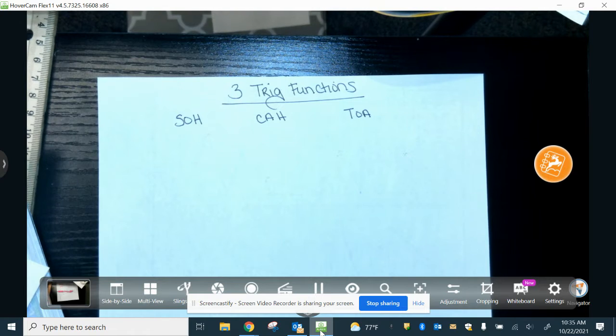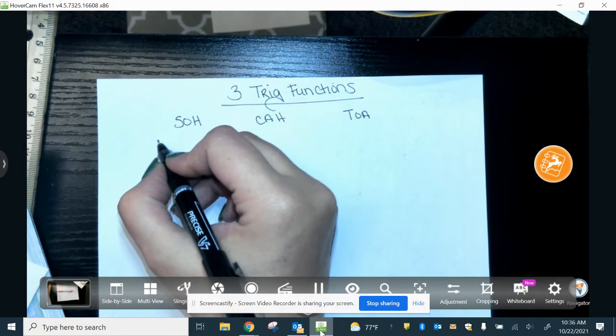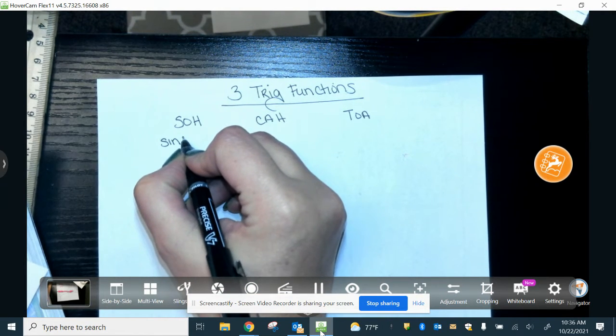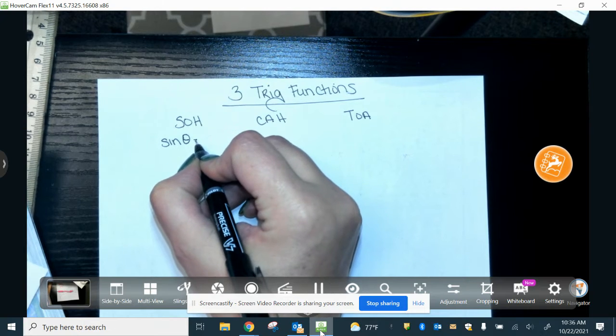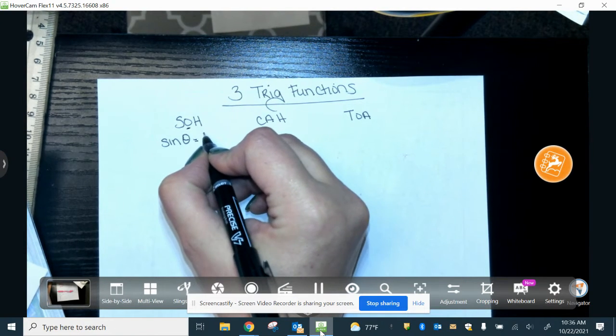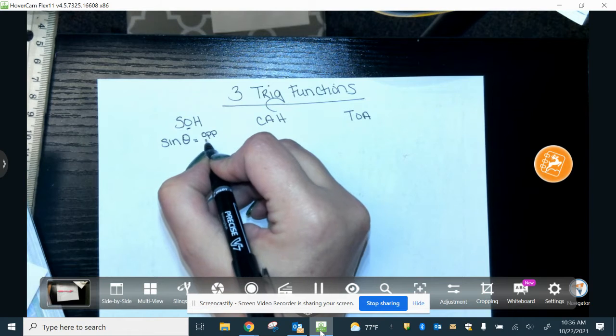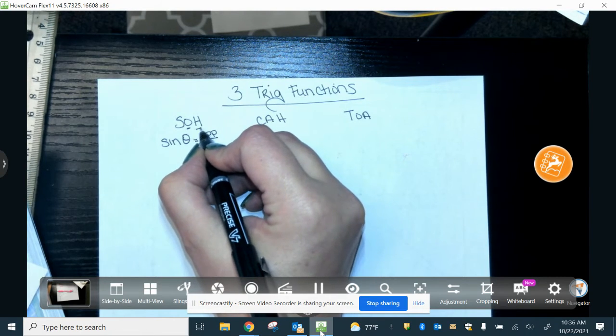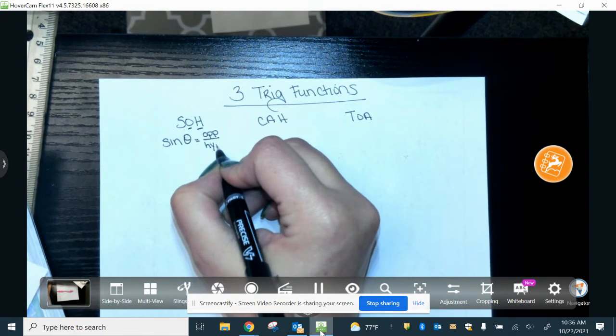SOHCAHTOA. That means the sine of theta is equal to the opposite over the hypotenuse.